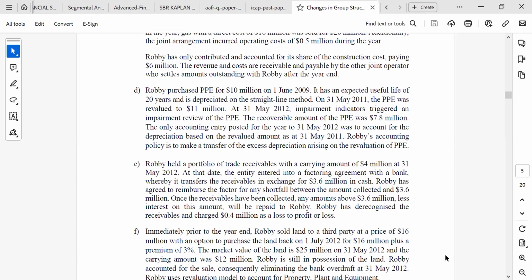If the customers are not able to pay, the factoring company has no right to ask the company to return the advance given to them. In that case, you see that the bad debt is being passed on to the factor. So we are collecting only 3.6 from our receivable, and the remaining 0.4 will not be collected.